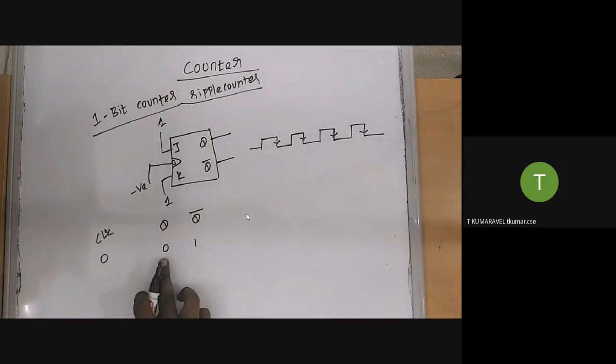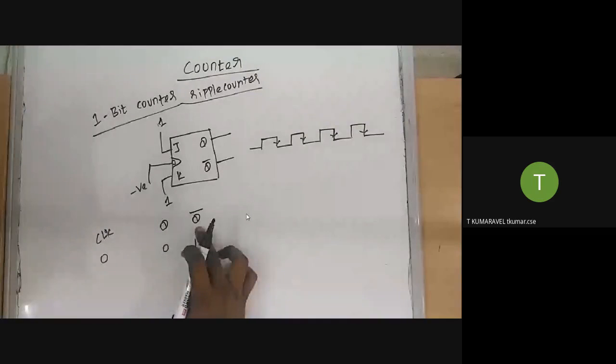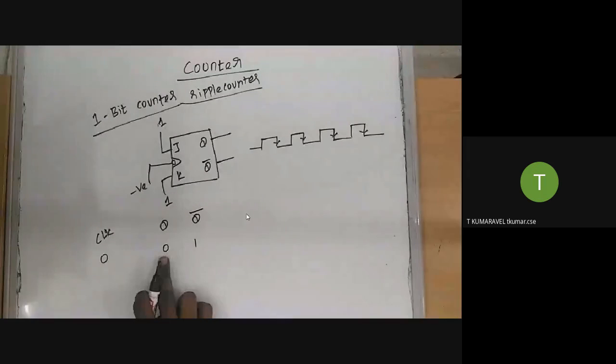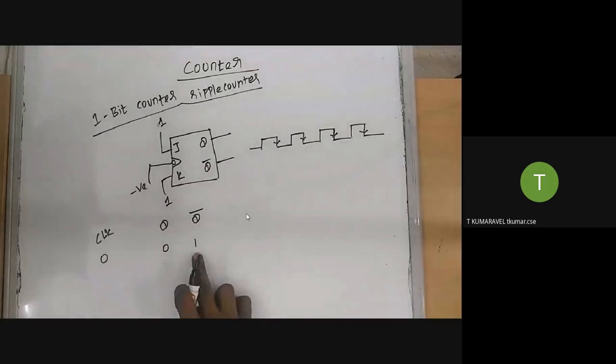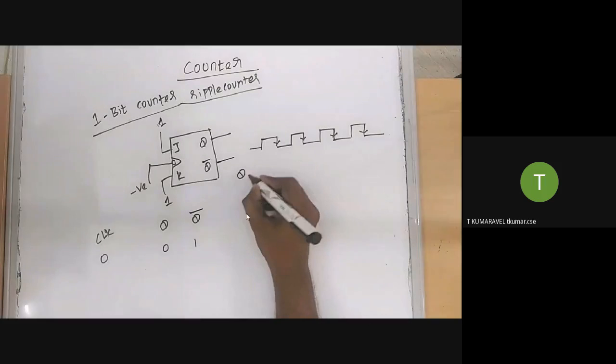So instead of 0, you can take it as a 1. This is Q, this is Q bar. If Q is 0, definitely Q bar equals 1. Suppose Q bar equals 1, definitely Q equals 0. That is the assumption.